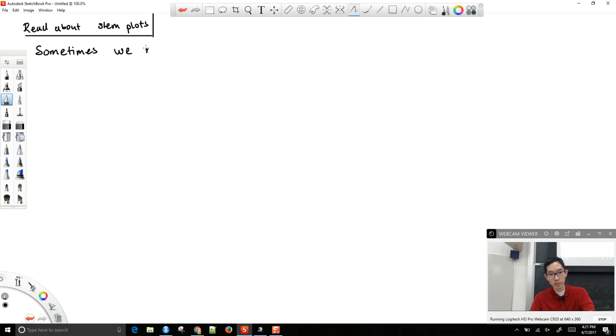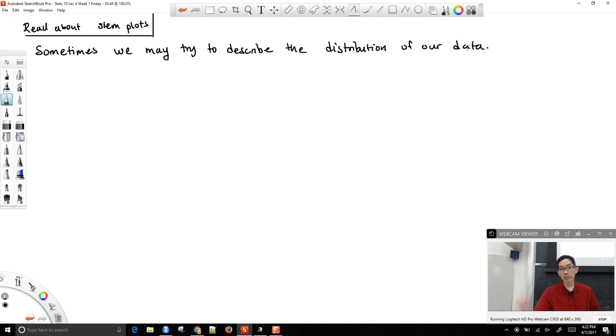Sometimes we may try to describe the distribution of our data, or we might just say, describe the distribution. And when we use the word distribution, what we're referring to is how the values in our data set are distributed along the number line.